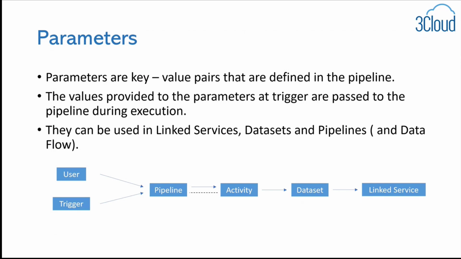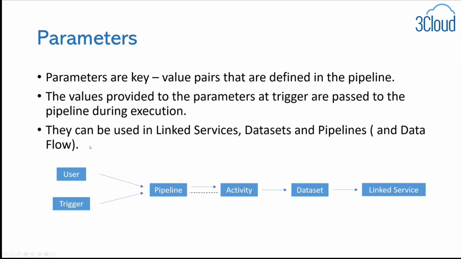And it can be used in linked services, it can be used in data sets, and it can be used in pipelines. Of course, there's also this thing called data flow inside Data Factory, but that's a little bit outside of what we're going to be talking about today. And I'm sure if we figure out how we can do that in the 3 other things, linked service, data set, and the pipeline, you can figure it out in data flow in no time.